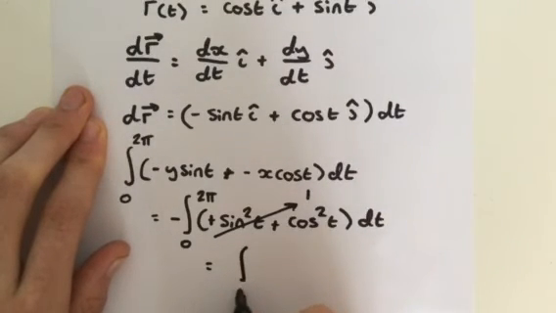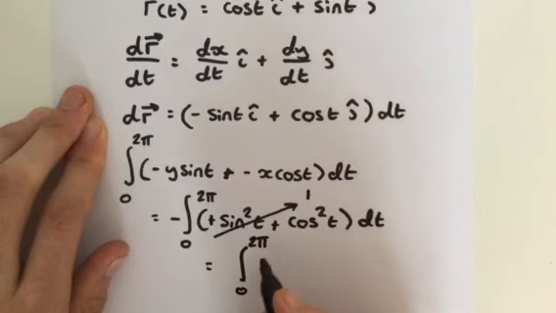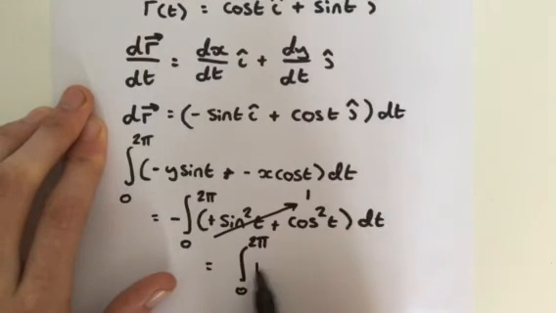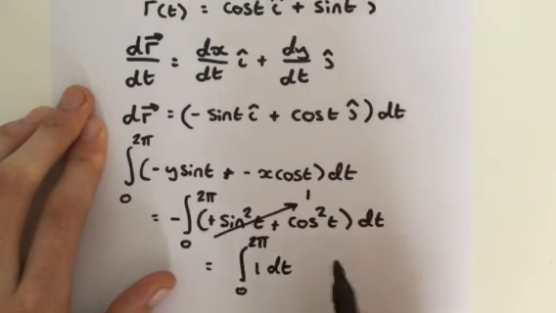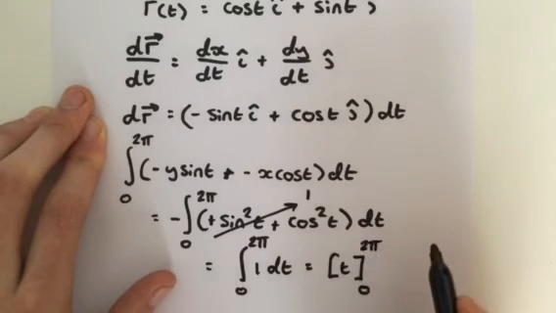So what we're left with is an extremely easy integral. It's simply the integral from 0 to 2 pi, the parameter t, of 1 dt. If you integrate 1 with respect to t, 1 is a constant, you just get t. And you simply evaluate t from 0 to 2 pi.